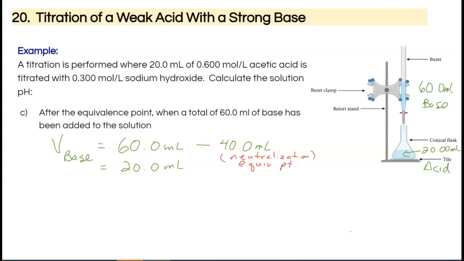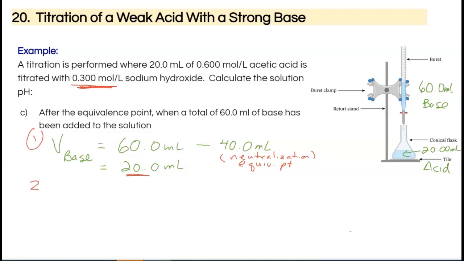Now I need to figure out, if my initial concentration of base was 3.3 moles per liter, and I have added an extra 20 milliliters of it, how many moles are in that? Because I need the number of moles in the new volume of solution that I've added in total. So we'll call this step number 1.